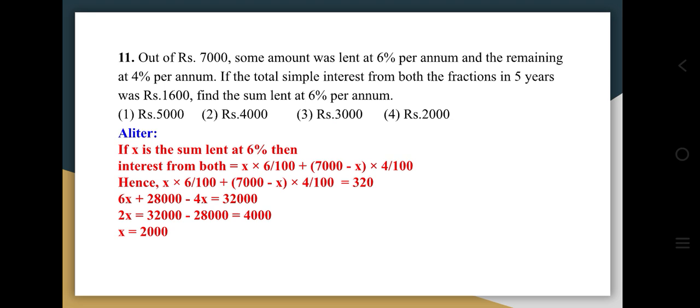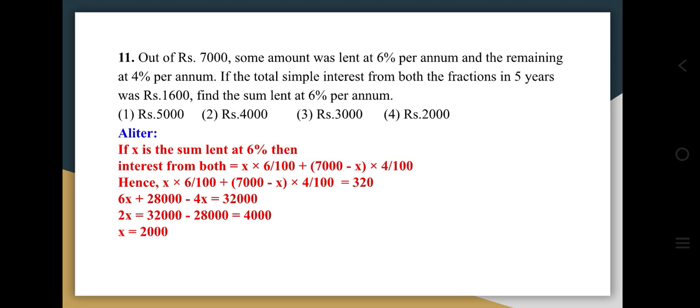So we get x into 6 by 100 plus 7,000 minus x into 4 by 100 is 320. What is 320? 1,600 divided by 5. That is 1 year interest. So we get an equation involving x.